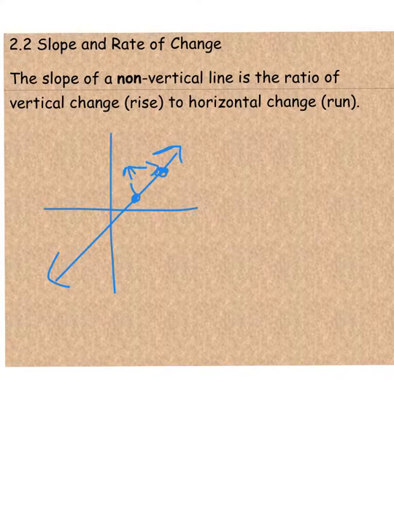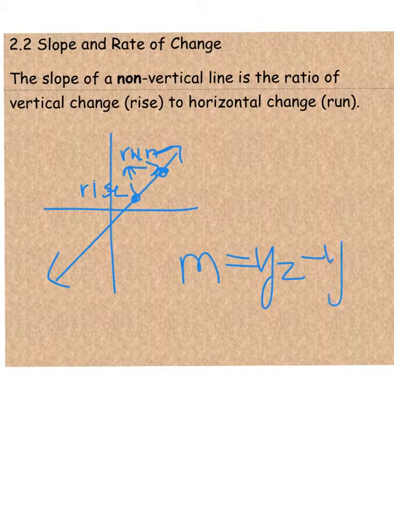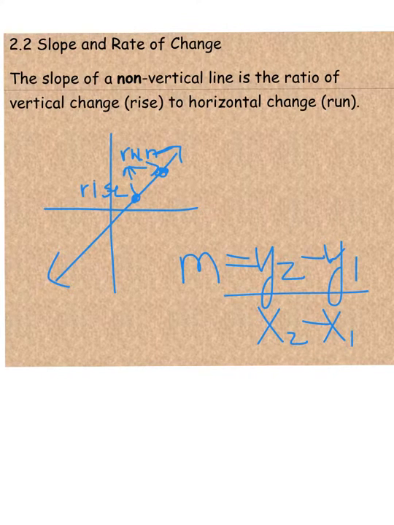So this would be your rise, the y-axis, and this would be the run for the x-axis. The formula we would use would be y2 minus y1 over x2 minus x1. So change in y over the change in x.